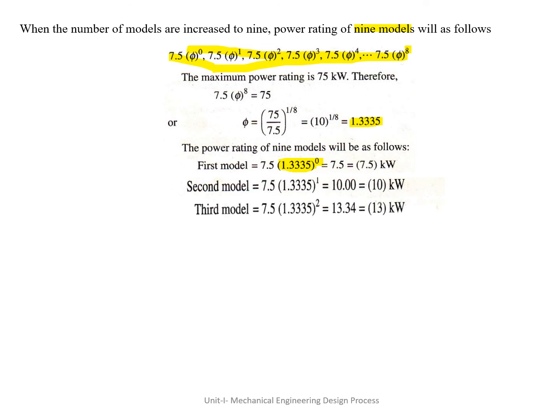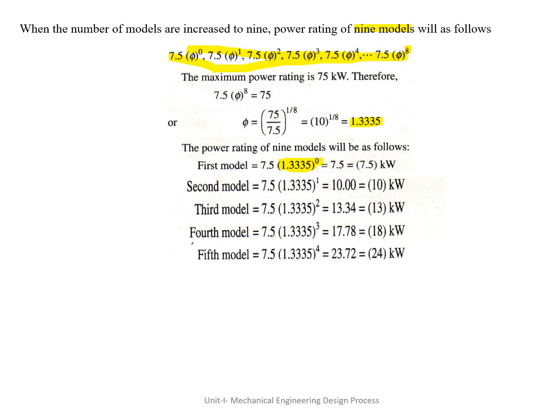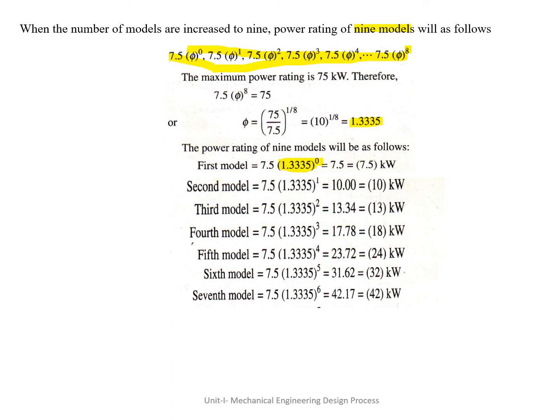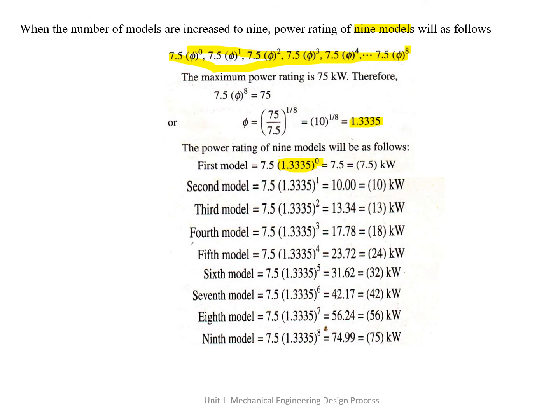In the same way, the third model, with the square of the series factor, is 13 kilowatts. The fourth model, the cube of the series factor, is 18 kilowatts. The fifth model is 24 kilowatts. The sixth model is 32 kilowatts. The seventh is 42 kilowatts, the eighth model is 56, and the last one, the ninth model, is 75 kilowatts.